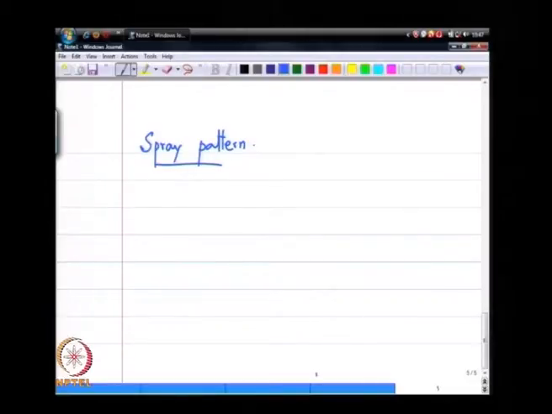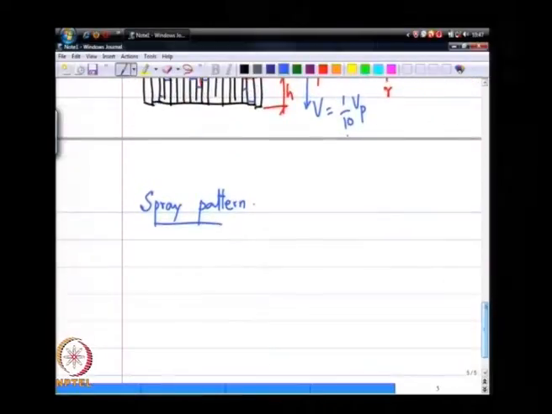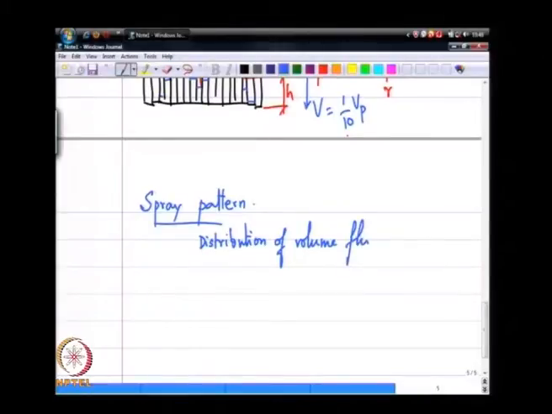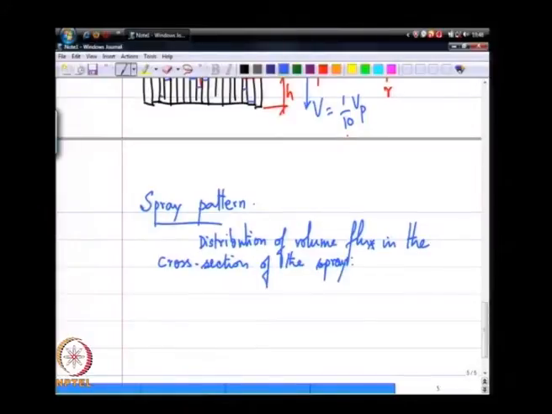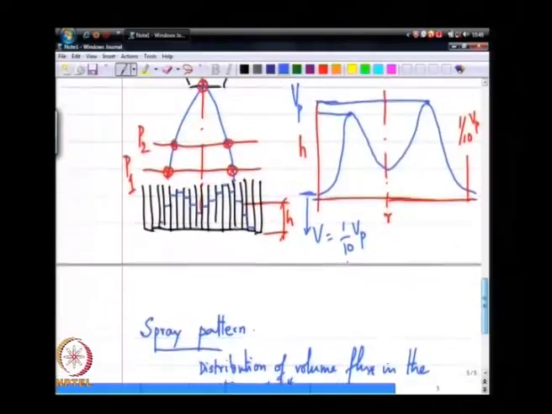Spray pattern is an indication of the distribution of volume flux in a cross section of a spray.